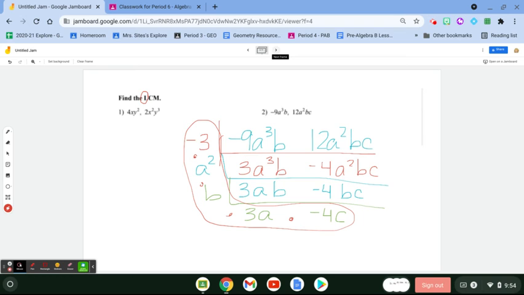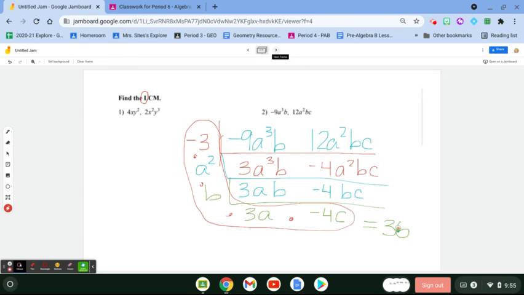So we're going to do negative 3 times 3 times negative 4. Negative 3 times 3 is negative 9. Negative 9 times negative 4 is going to give me positive 36.